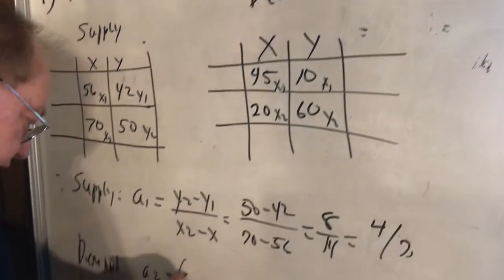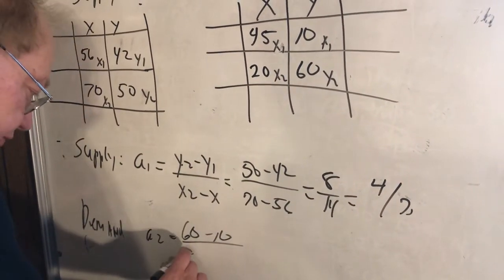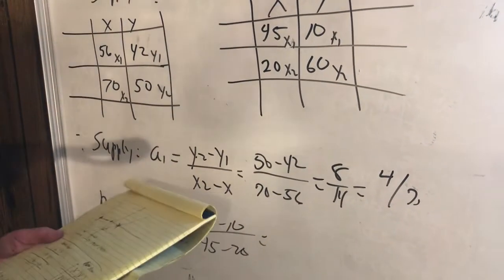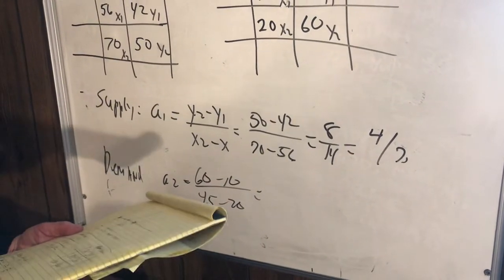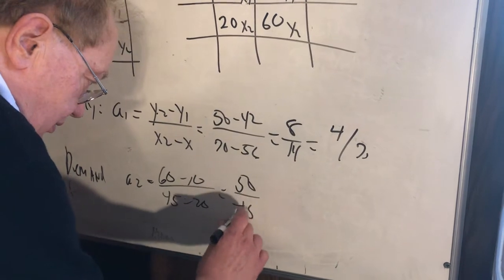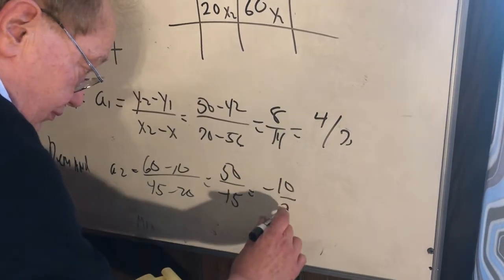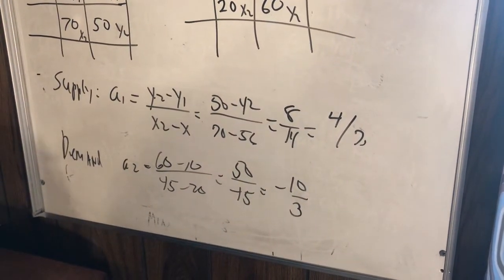So 60 minus 10 over 20 minus 45. And we're going to get 50 over minus 25, which is minus 2. So there are your slopes, but now you have to find your straight lines.